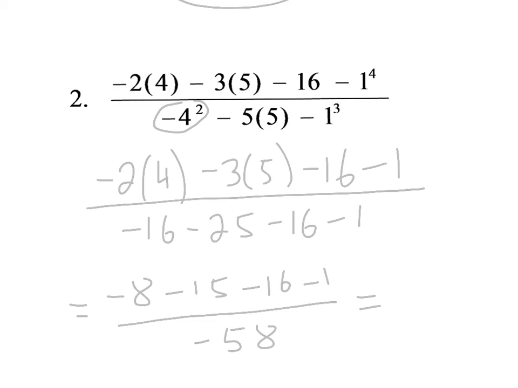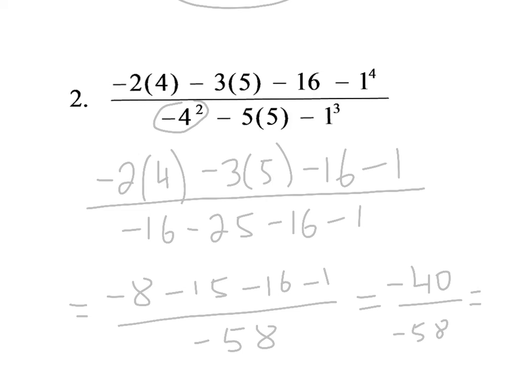Okay, so now if you work with the numerator, negative 8 minus 15, negative 23, minus 16, negative 39, minus 1 is negative 40, divided by negative 58. And in this case, we can simplify this fraction. Both numbers are even, 40 and 58.